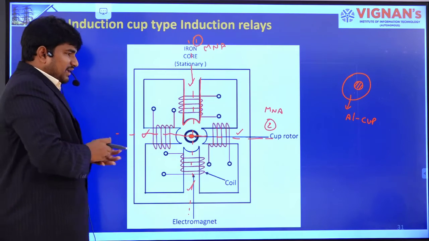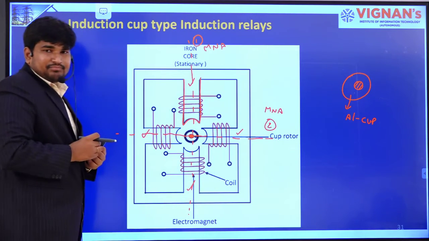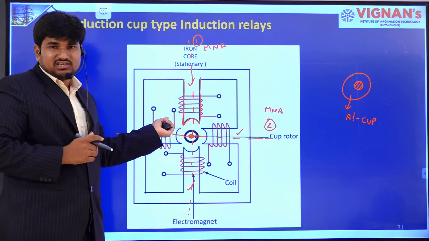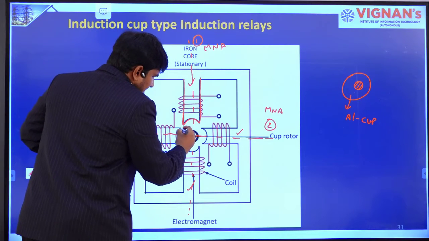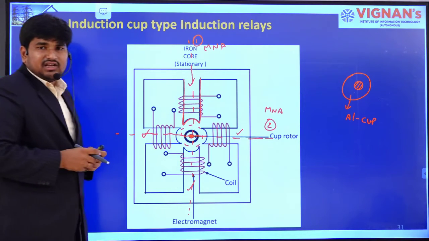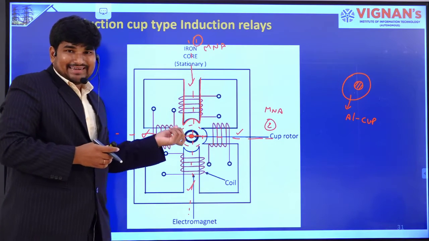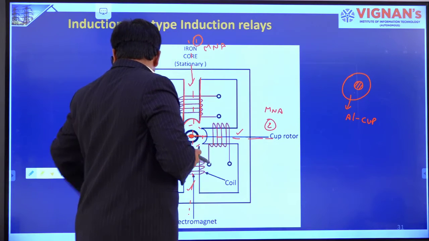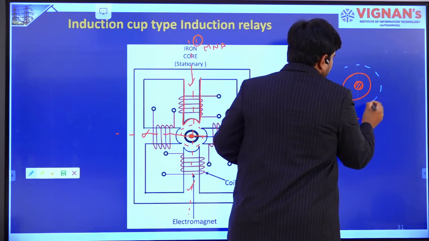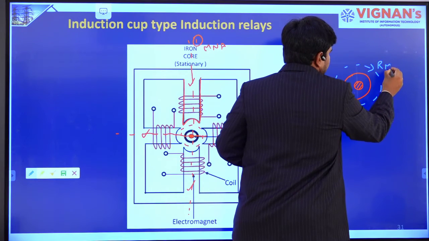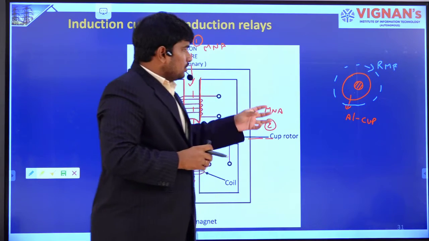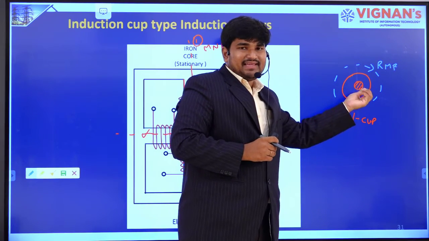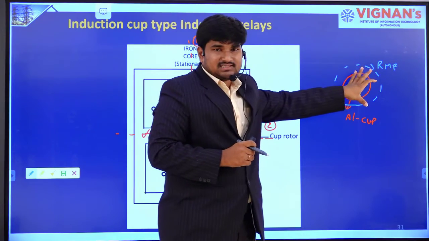So because of having 90 degrees MNA, and also we will give 90 degrees time delay between these two currents, the flux which is generated inside this is a rotating magnetic field. So this is RMF. Because of this RMF, the aluminum cup will cut some amount of flux.